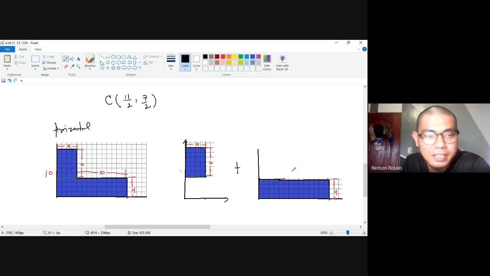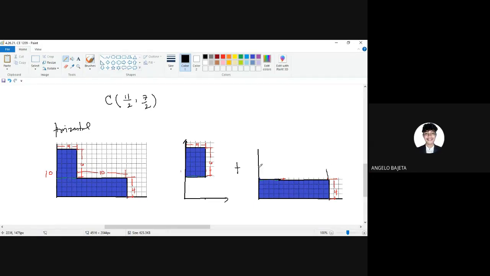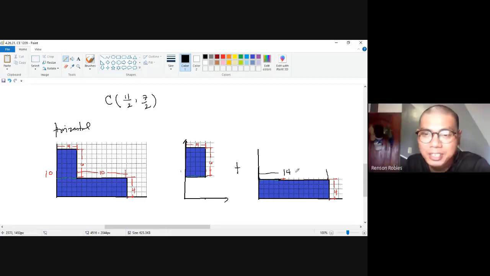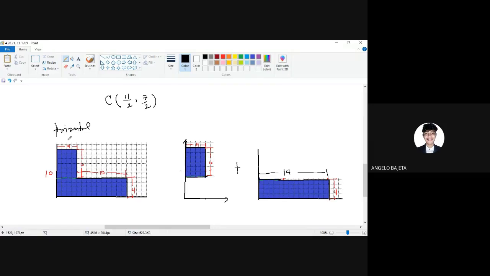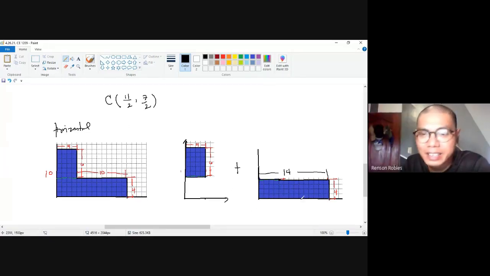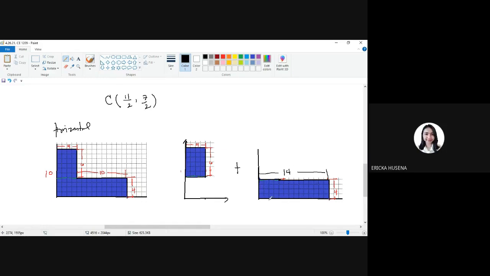Ito ngayon ay, this is no longer 10. 14 po. Where did you get that 14? 4 plus 10 po. And that's good. All right. At least you're getting it right. Then you locate the centroid. It's touching the X, touching the Y, kalahati of this, 1/2 of this. 7 po.